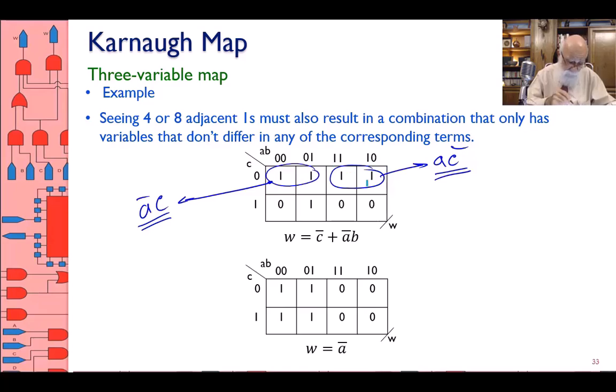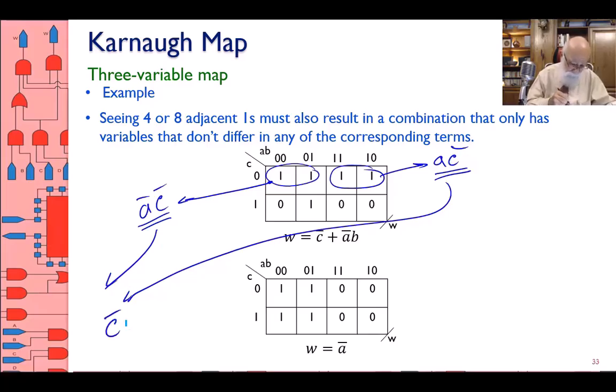This and this have the same number of variables. They are different in only one variable, and that variable is A. According to definition, this is adjacent. And therefore, according to Boolean algebra, I can combine these two into C bar, A bar or A, which becomes C bar.